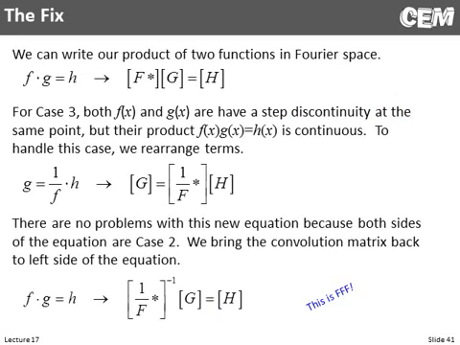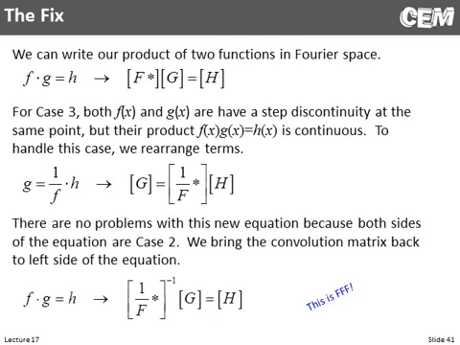So here's the fix. If we Fourier transform that according to what we talked about previously, we would have a convolution matrix in F. We would have all the Fourier coefficients of G here and all the Fourier coefficients of H here. But this would be the big square convolution matrix. But let's say we're in case 3. F and G have a step discontinuity at the same point, but their product is continuous, so H is continuous.